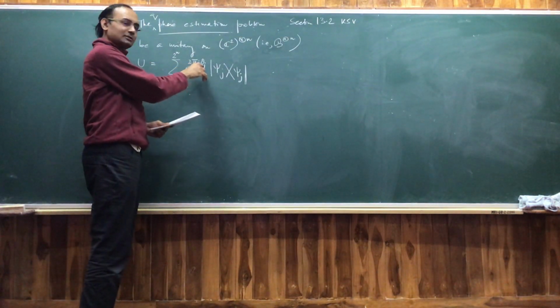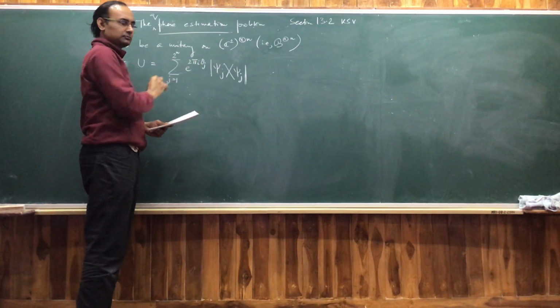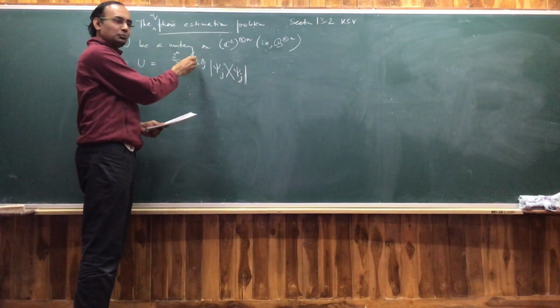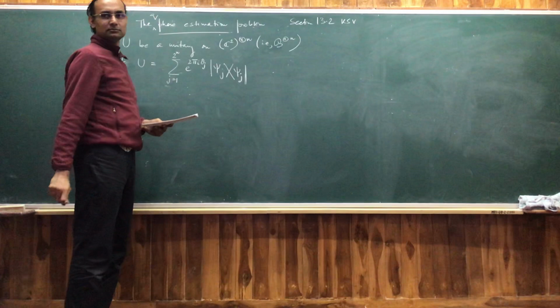This is just to make theta lie between 0 and 1. There would be a 2 pi hanging around all the time, so I just remove it.